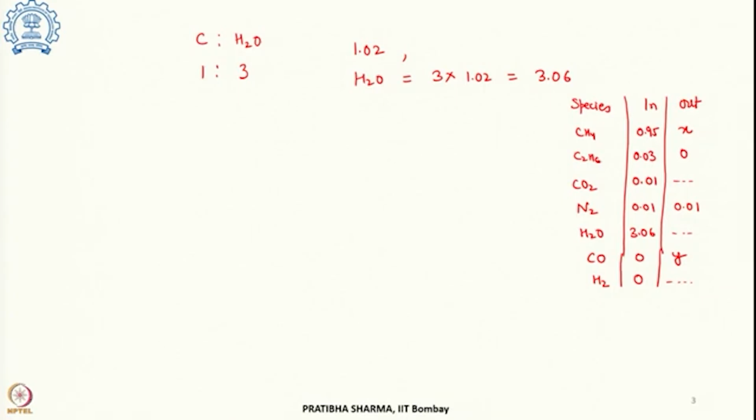Now, we will solve this problem using material balance. Those from a chemical engineering background will be well versed with such problems. This is a simple problem, but a little lengthier one. We will be doing material balance, specifically atomic balance, for each of these constituents.